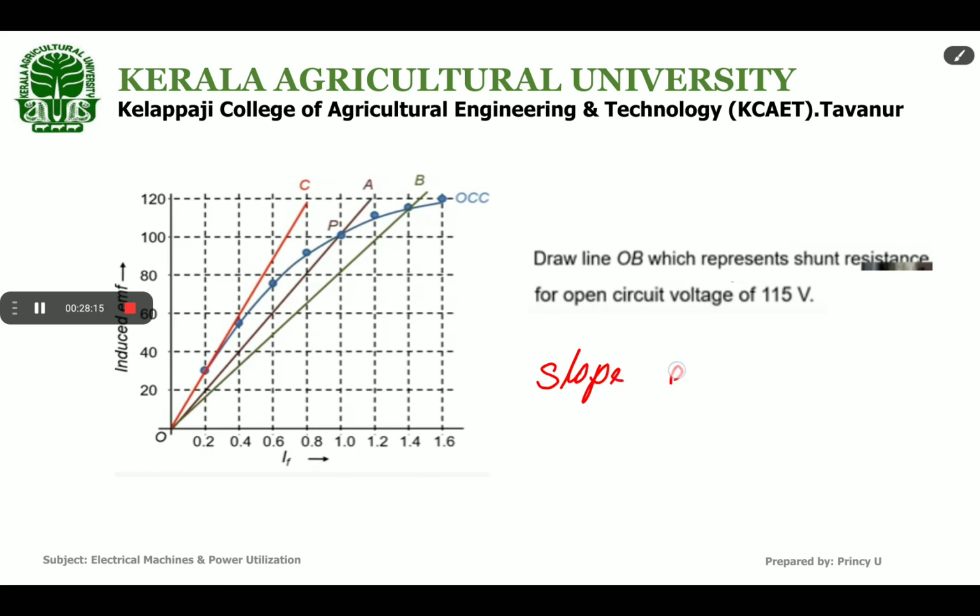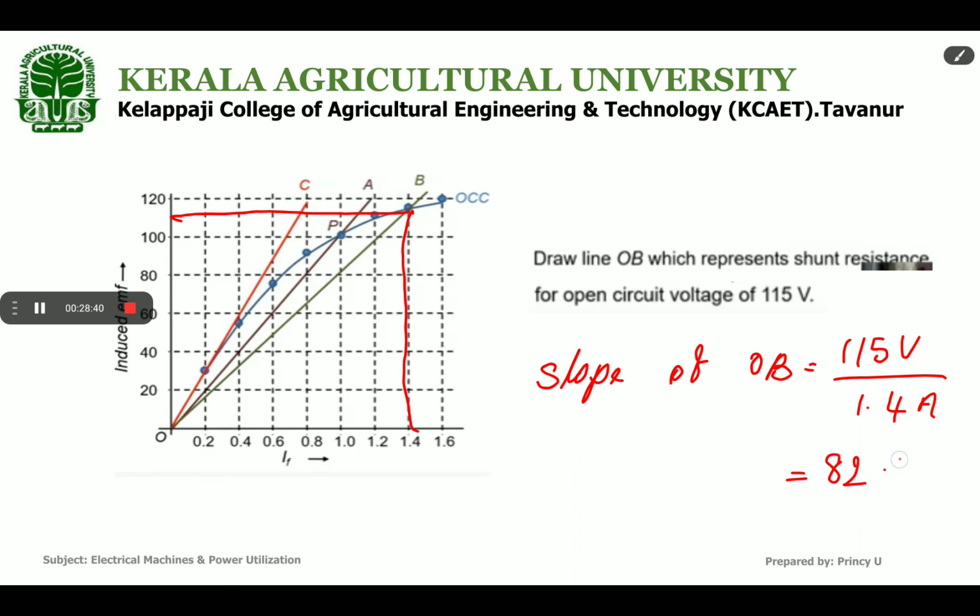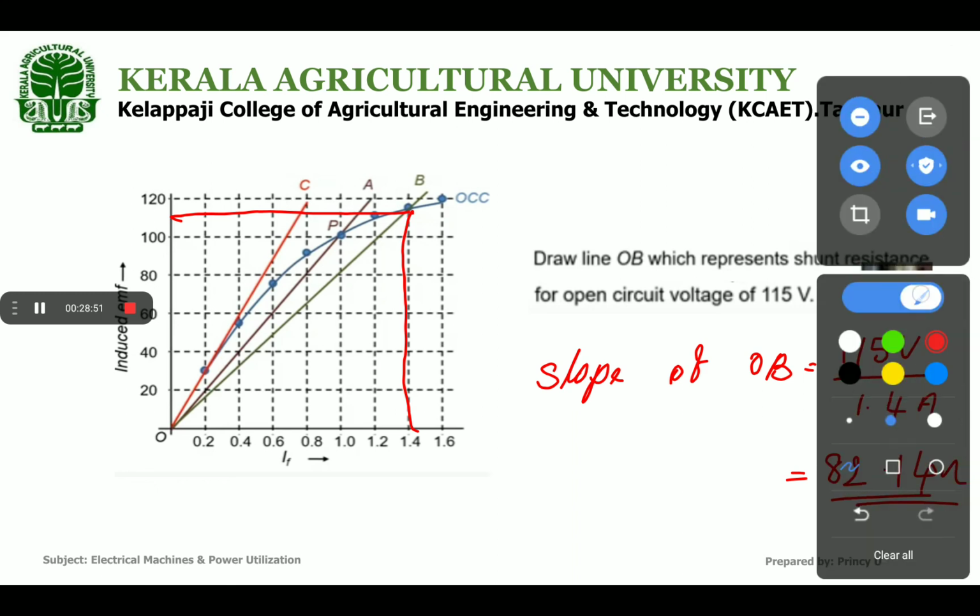Slope of OB എന്തായിരിക്കും? Voltage is 115 volt divided by the corresponding current, 1.4 ampere, which is equal to 82.14 ohm എന്ന് കിട്ടും. So this is your resistance corresponding to 115 volt.